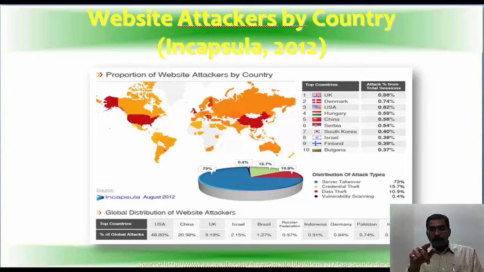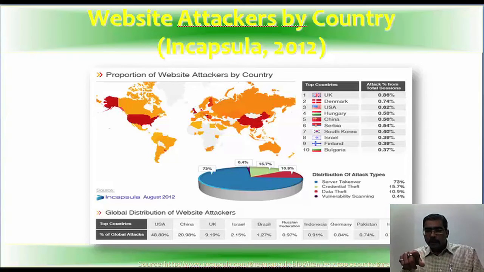Then again, if you see the proportions of website attackers, the distribution of attack sites, server takeover, the green ones, nothing has happened. The maximum that have happened, the red ones, were data theft, which was 10.9%, somewhere in Alaska, somewhere in South America, somewhere in China. So the distribution of attack types is also given there.